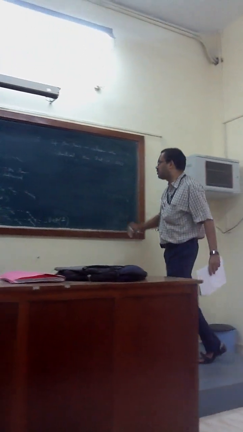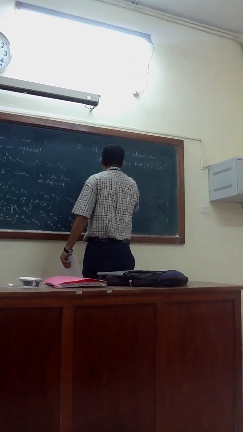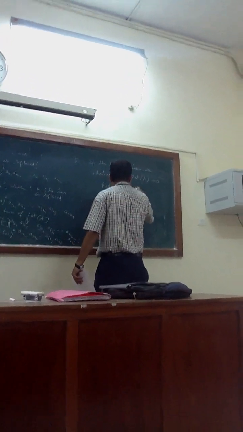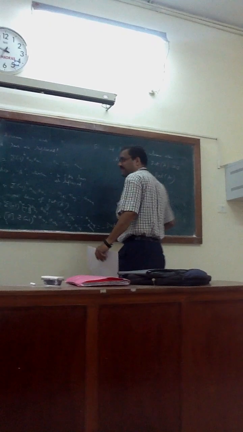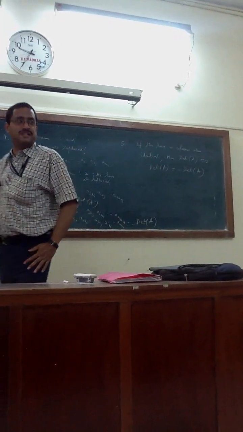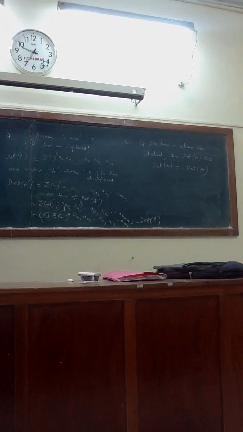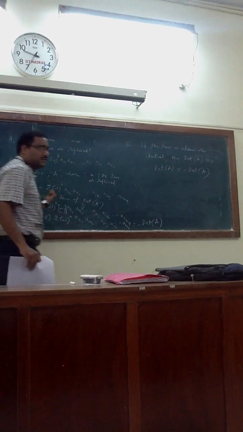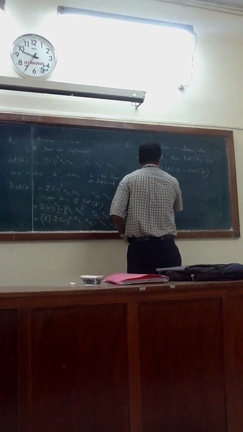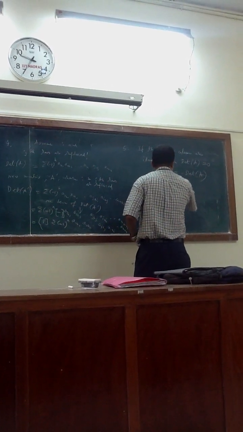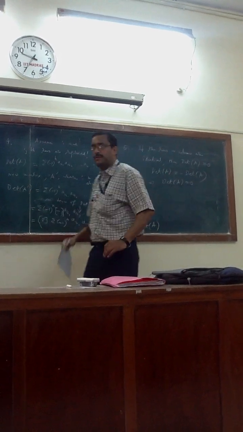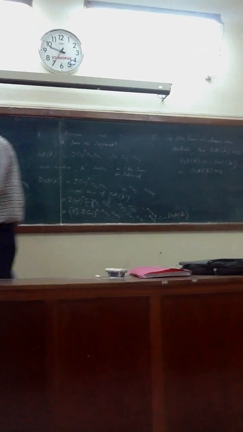Determinant of A equals minus determinant of A, because if you change it, nothing will actually matter. So you will get 2 times determinant of A equals 0, determinant of A equals 0.